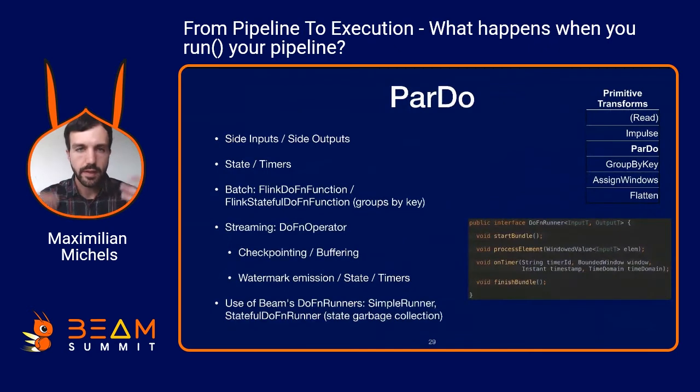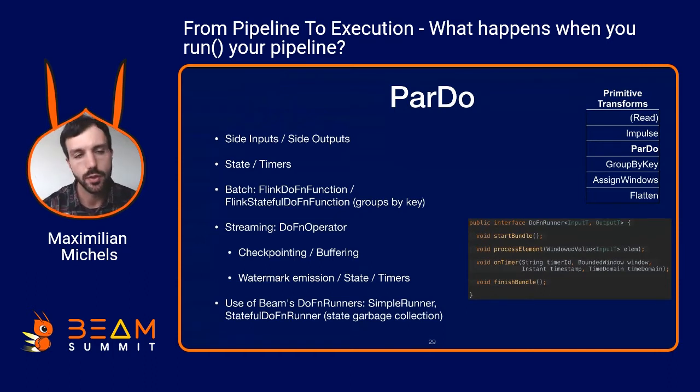I'm just going to continue here. I'm not going to go over all the details, but when we look at ParDo, again, we have side inputs, side outputs, state, timers, and we have basically a batch way and a streaming way to do things. Fortunately, all these concepts, although they're slightly different, are mappable to Flink concepts, but it's not always one-to-one.